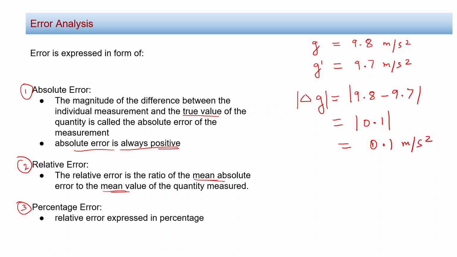Basically it's like the ratio of this absolute error to the true value. This is called relative error. And when we take percentage of this, that is when we multiply it by 100, then we get this error in the form of percentage, that is called percentage error. So these are three different ways we assign error to any value.